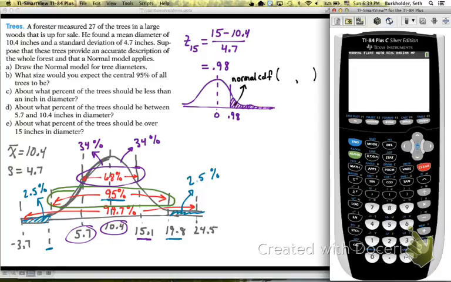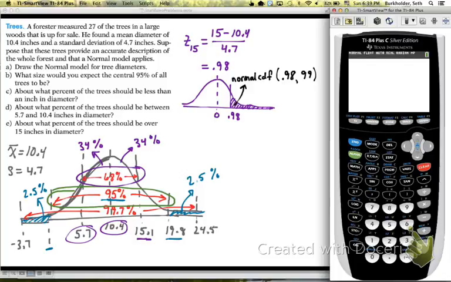Well, we're going to just say normalcdf from 0.98 standard deviations, and we're just going to go all the way up to 99, because really anything beyond that, or actually we could probably just go up to about 10 and it would be fine. But the percentage of values beyond 99 standard deviations from the mean is so tiny that we don't have to worry about it creating any error in our calculation. So now I'm going to show you how to use your graphing calculator to compute that value.